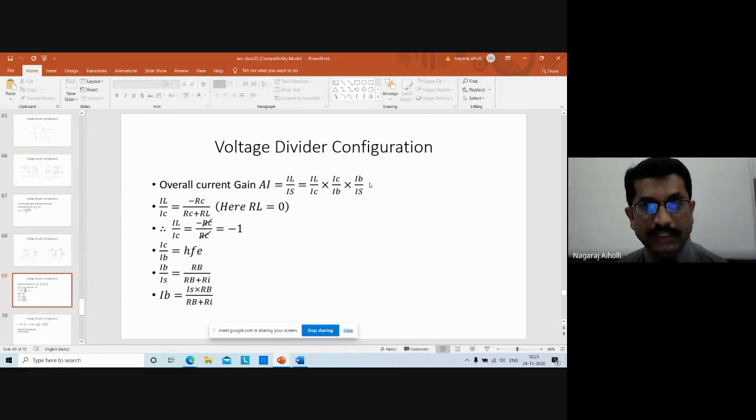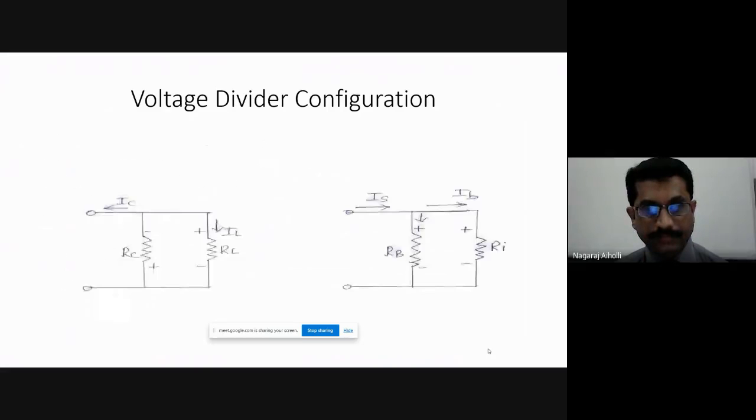Now, the last portion is IB by IS. If you want to find IB by IS, this current IB is divided by IS. Now, what is the current flowing through RB? This is the main current IS. It gets split into the current through RB and the current through RI.